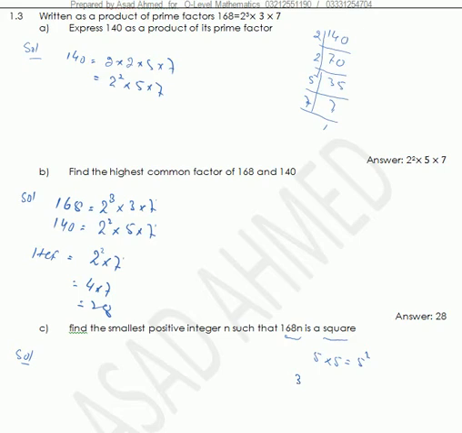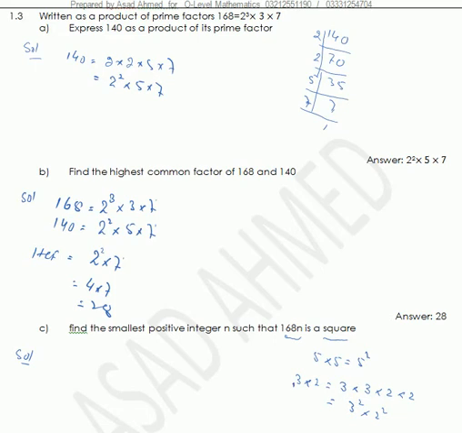Similarly, if we are given 3 multiplied by 2 and we have to convert it into square form, we keep 3 as it is and multiply by 3 ourselves, and we multiply 2 by 2 ourselves to make it in square form. It becomes 3 square multiplied by 2 square.